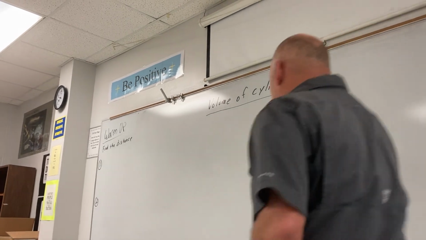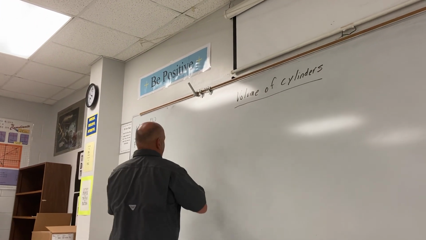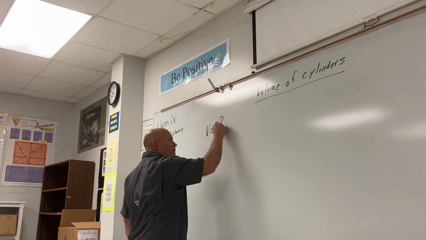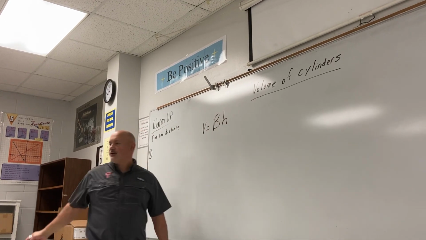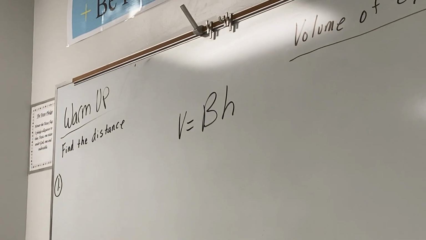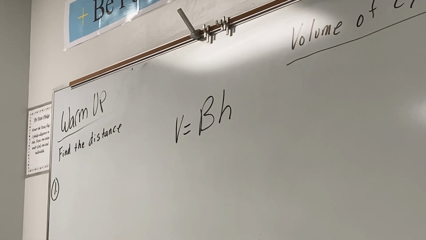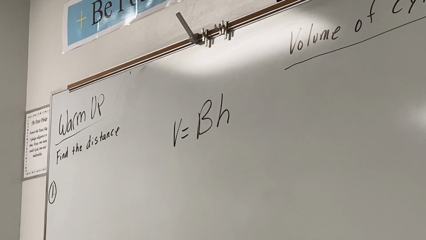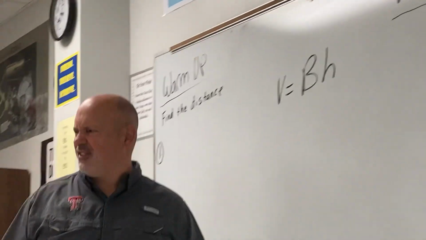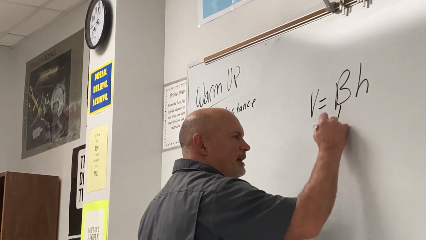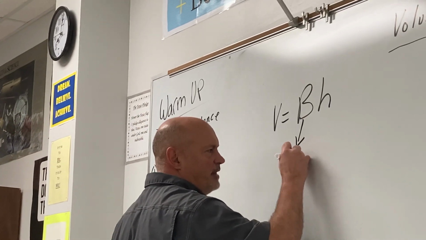Volume of any type of prism is this. There's your formula. Volume equals big B times H. We need to know what big B means. Big B means the area of the base.